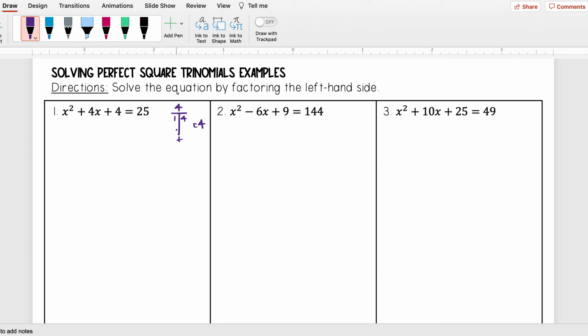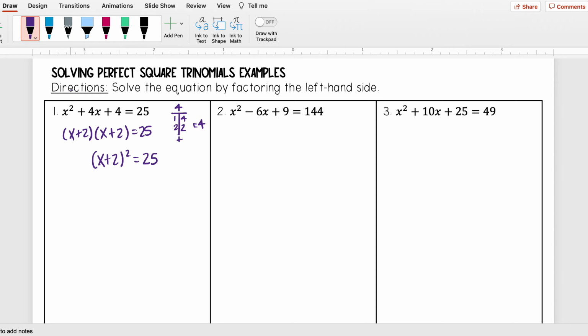Well, 1 plus 4 does not, but I see 2 and 2. And so when I factor this left-hand side, I get x plus 2 times x plus 2 is equal to 25. But since I am multiplying the same thing by itself, this is really just going to be x plus 2 squared.